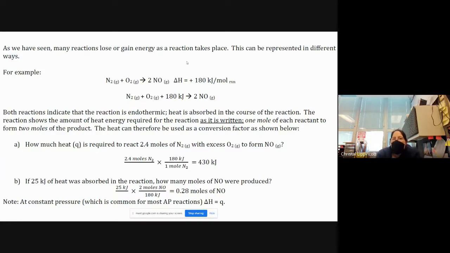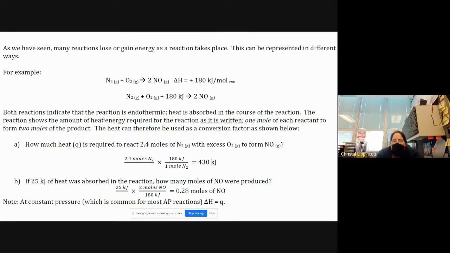If this value is positive, you think of it as a reactant. You have to add in heat to make this reaction run, and that heat is then stored as energy in the bonds of the product you're making. If this value is negative, then that 180 would be on the other side. You don't actually write this into the equation, but you can think of it that way.